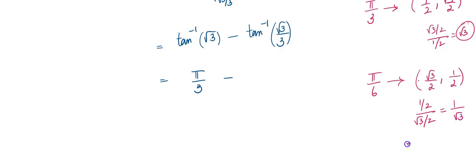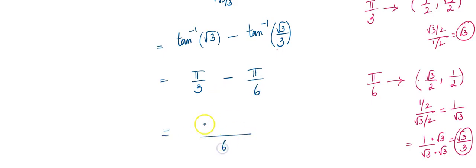But then if you rationalize the denominator, 1 over root 3 times root 3 on the bottom and root 3 on the top, that's going to give us root 3 over 3. So for root 3 over 3, the tan inverse of root 3 over 3, the angle is pi over 6. Okay, then you take the LCD, so it's 2 pi minus pi, which is pi over 6.